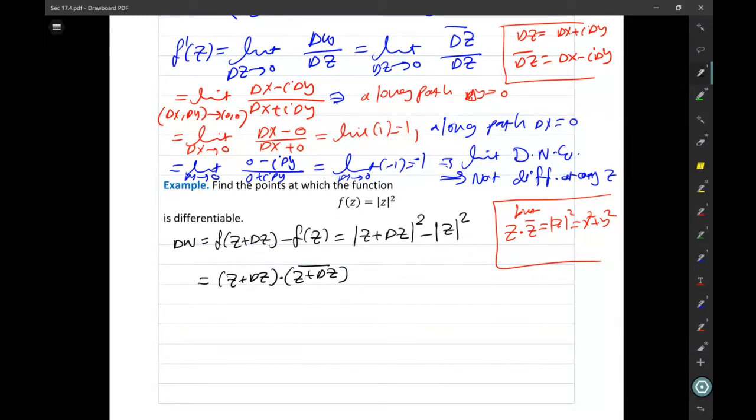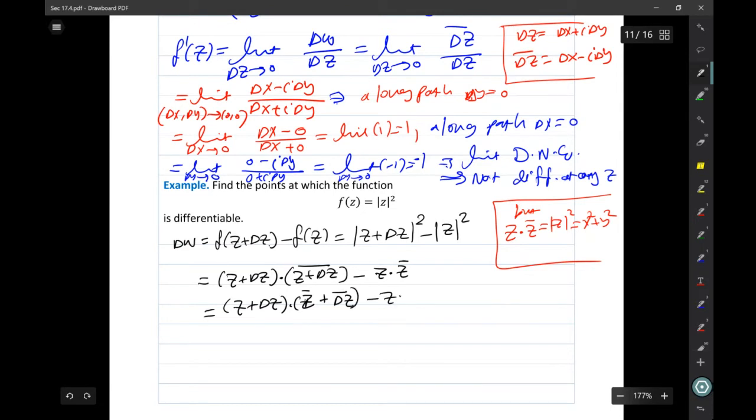Now modulus z squared is equal to z times z conjugate, which here is equal to (z plus delta z) times (z conjugate plus delta z conjugate) minus z times z conjugate.